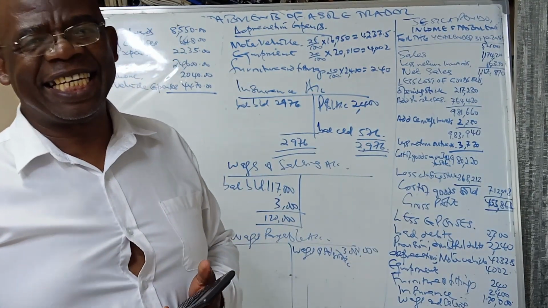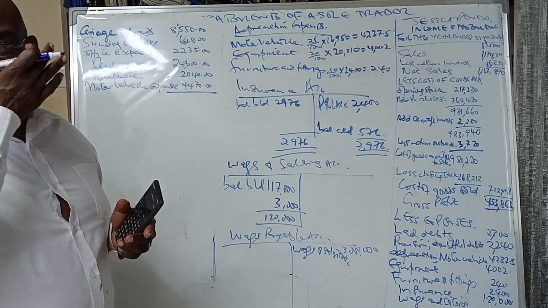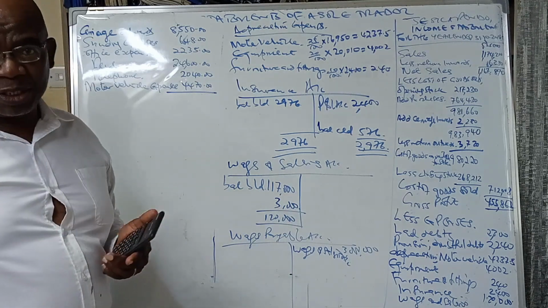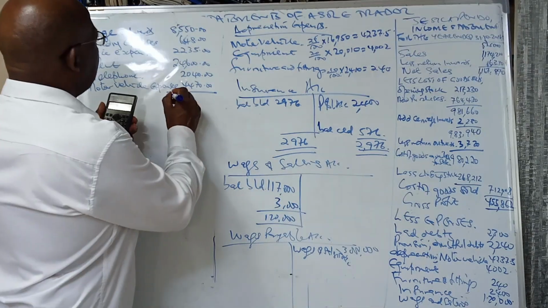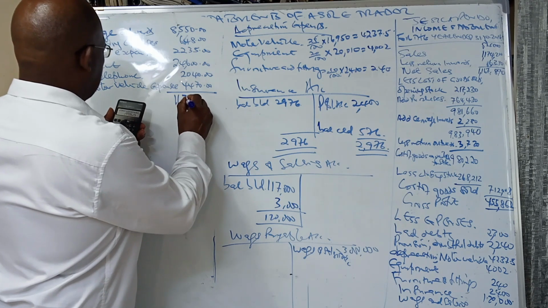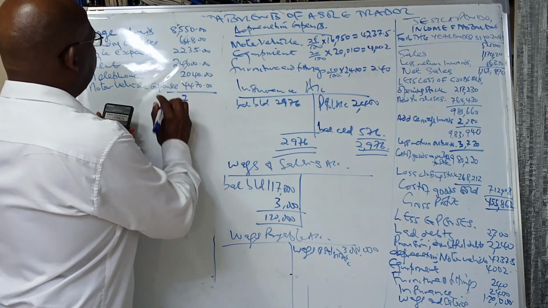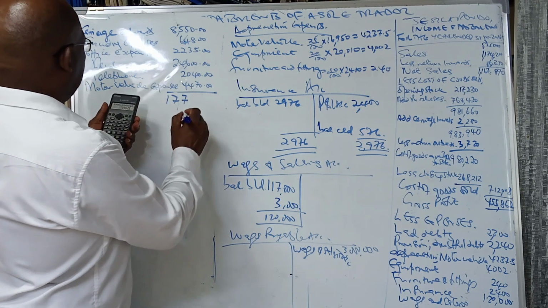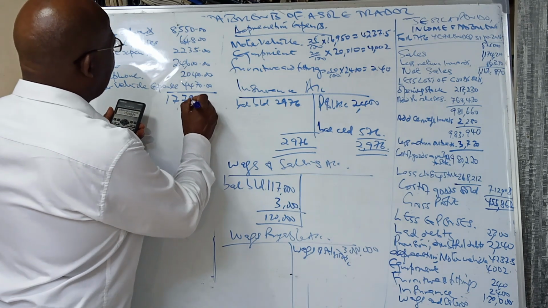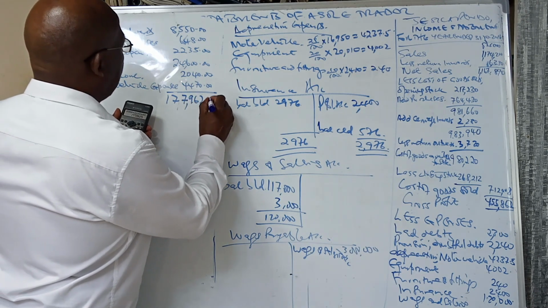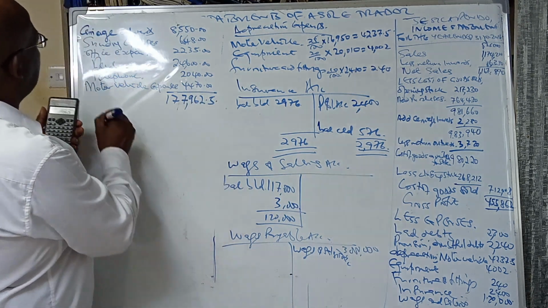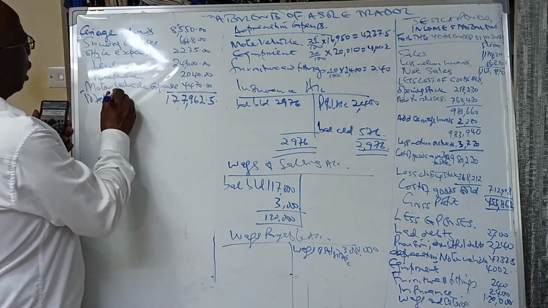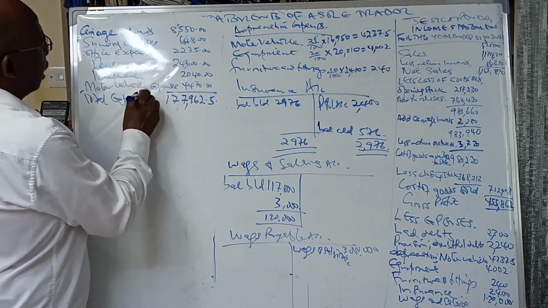Can we continue? Yes, you get 177,962.5. Those are the total expenses.